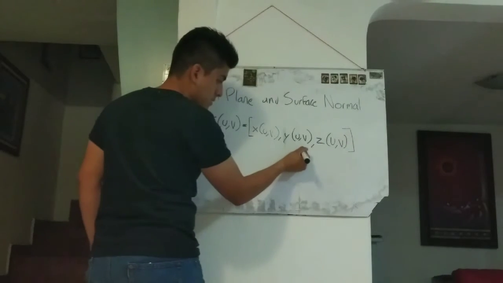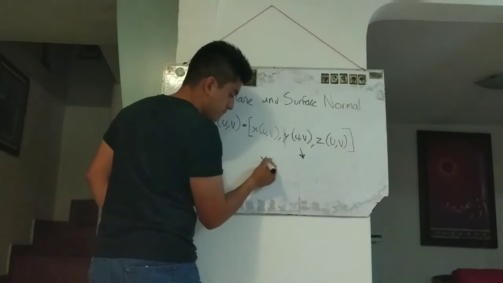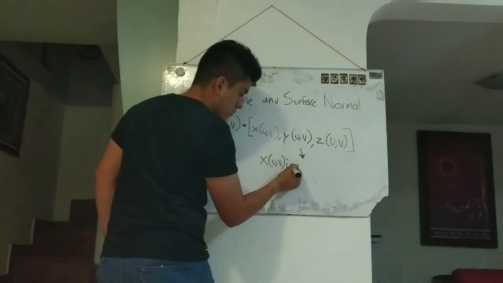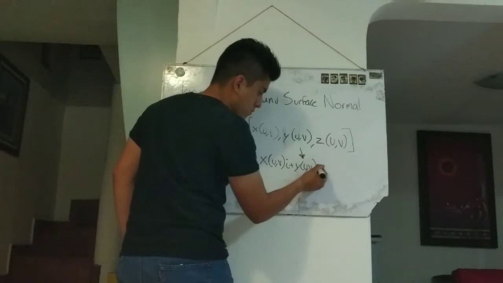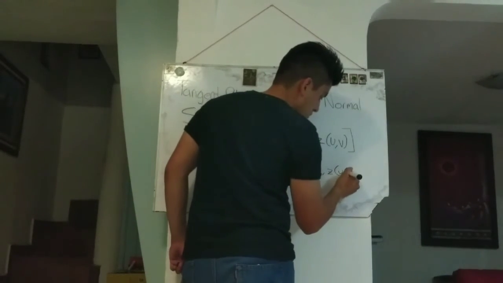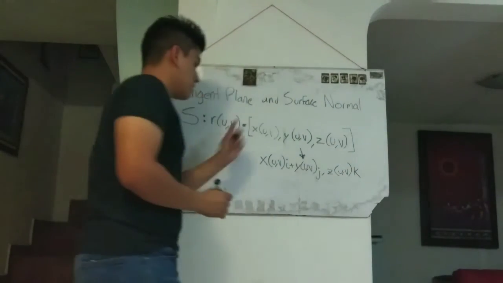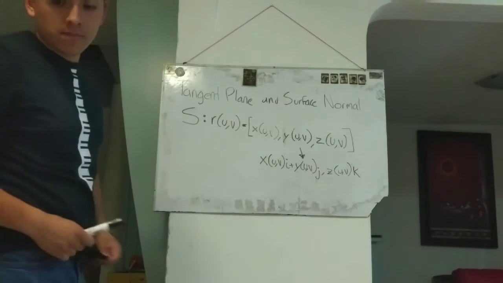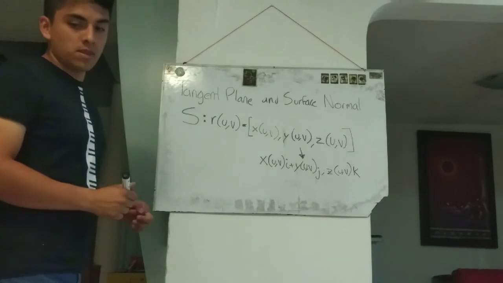And this is equal to this, our surface, and it will have a continuous ru and rv given by this.